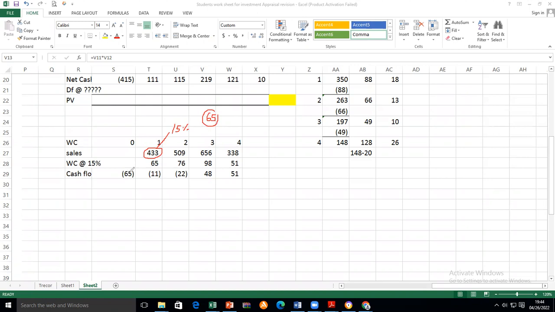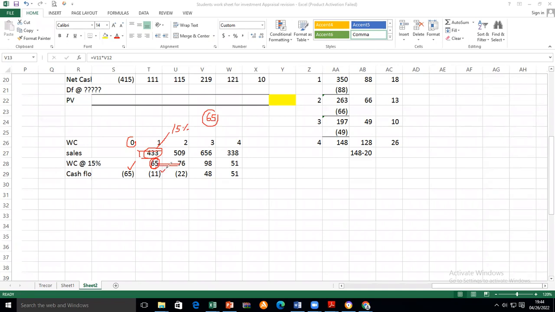Now, this working capital of 65, when should we spend? This working capital is needed to generate these sales. So before we can generate these sales, in year 0, we must have this figure. In the subsequent years, just the increase is recognized. So here, we'll get to the increase.